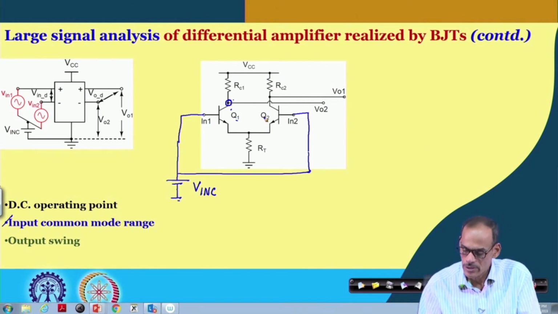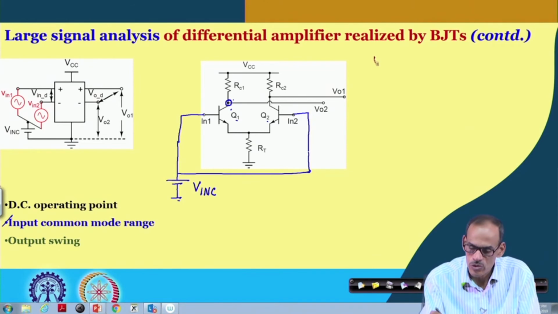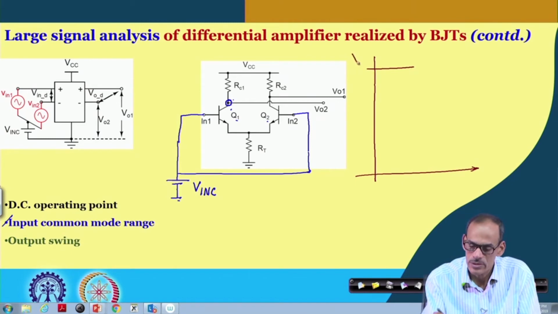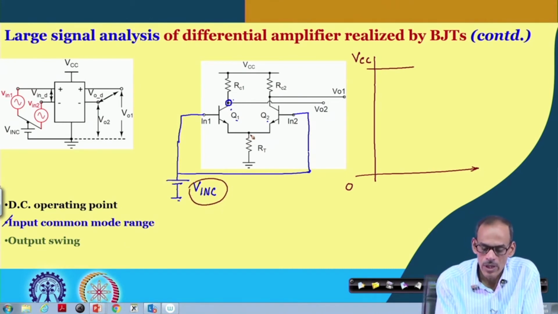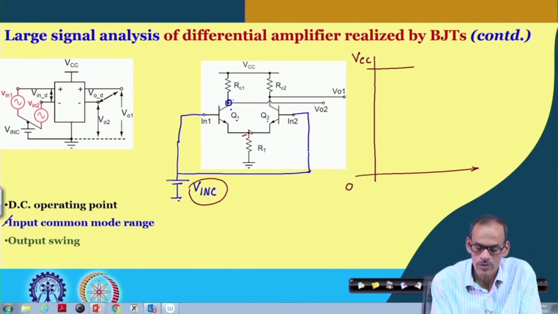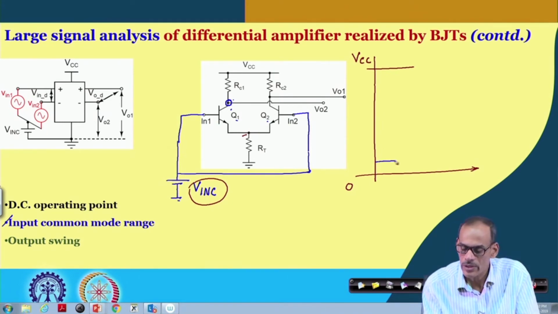So, if you see the range pictorially, suppose we have the total voltage range. This is VCC and this is ground, and suppose this input common mode voltage should be higher than 0.6 or V_B1, so that at least we get a meaningful voltage here. So, V_inC should be higher than say 0.6 and above.